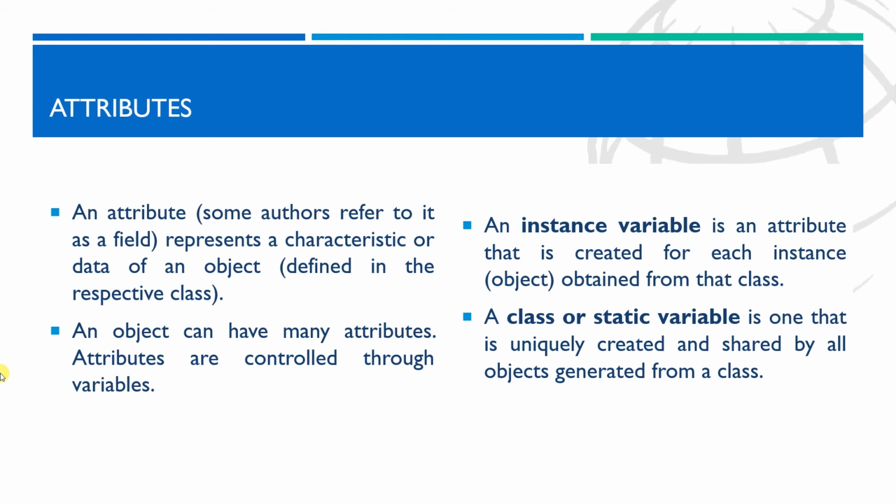This means that during the execution of a program, a single memory space is reserved for a static variable regardless of the number of objects generated, in such a way that all class or static variables are identified by placing the static modifier in the class attribute declaration. Static variables are used to manage common features for all objects or to store features that depend on all objects.